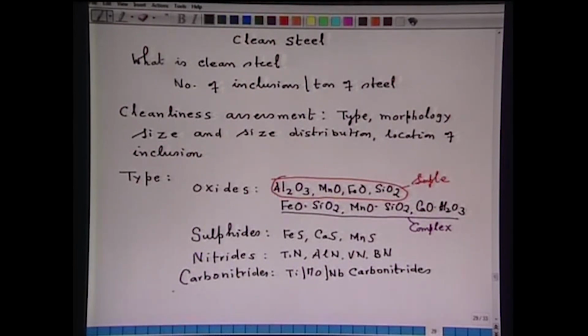We can also have oxysulfides, and for example MnS, MnO, CaS, Al2O3 or in whatever combination, because in fact the impurity elements which are present in the steel, carbon, sulfur, phosphorus, nitrogen, oxygen, hydrogen and dissolved oxygen and other alloying elements, depending on the concentration they will form a compound with metal and non-metal.